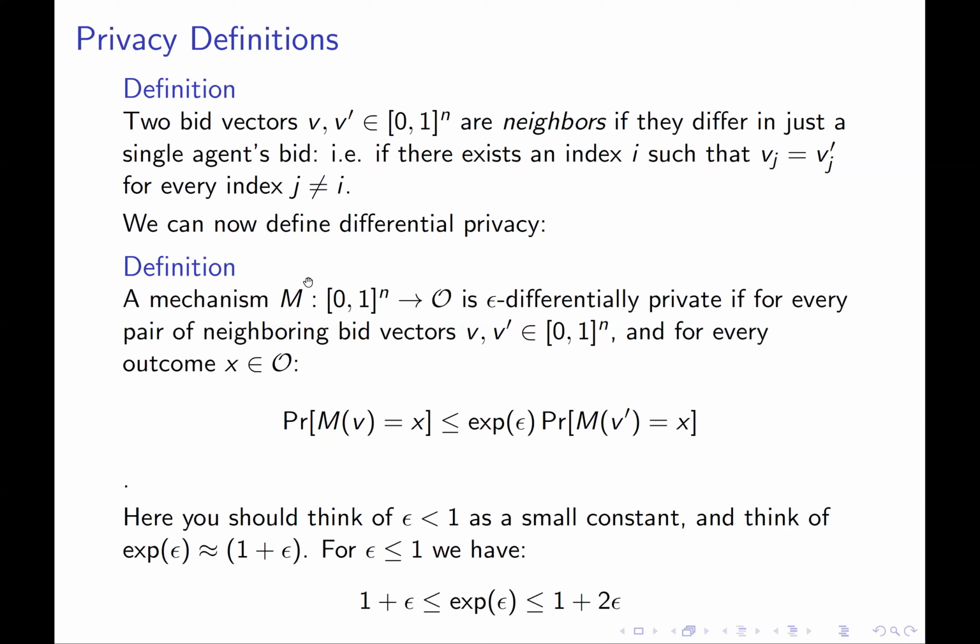And so a condition like this is what you need in order to promise that outside observers can't learn anything specific about a particular individual because of their participation in a computation. So that's why this mathematical constraint deserves the name privacy.